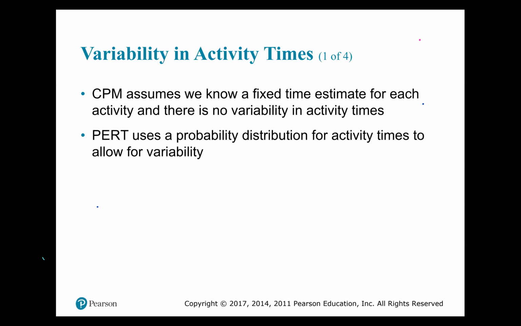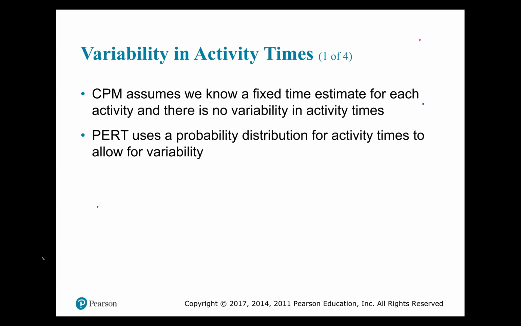So when they were building the Polaris missile, they had never built a missile before. So they had nothing from which to go on to build the missile. Hence, they had to say the times can vary. Unlike when they were building a tank to hold chemicals.